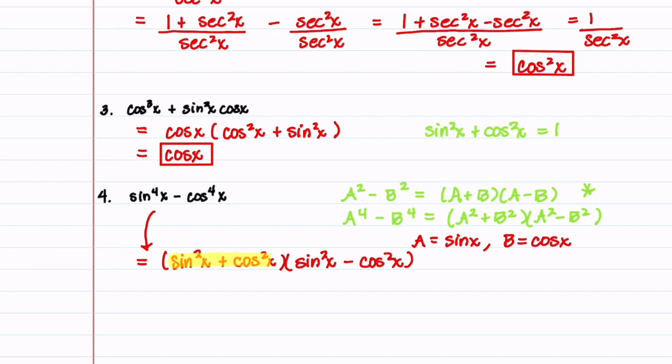We can then recognize this is equal to 1 from our Pythagorean identity. So this just gives us sine squared x minus cosine squared x. And that's as simple as we can make that expression.